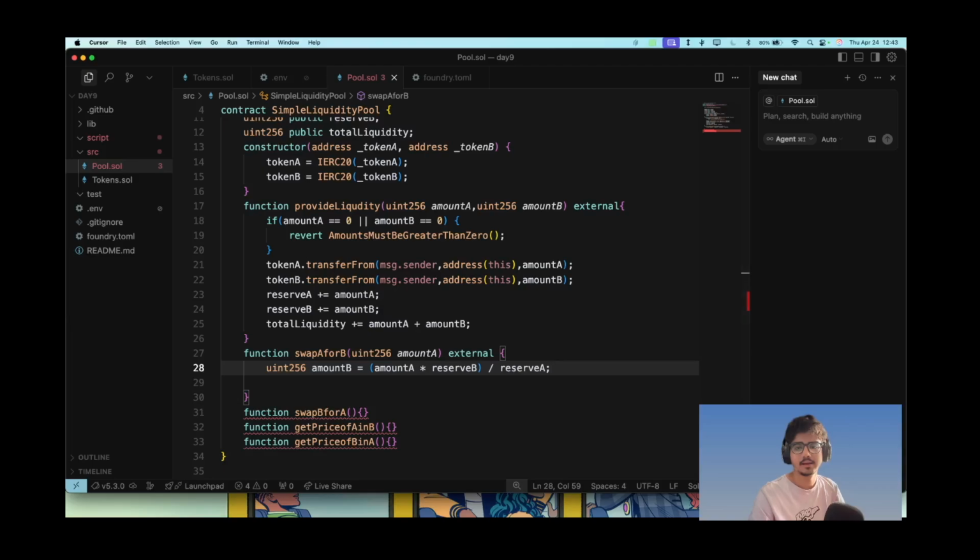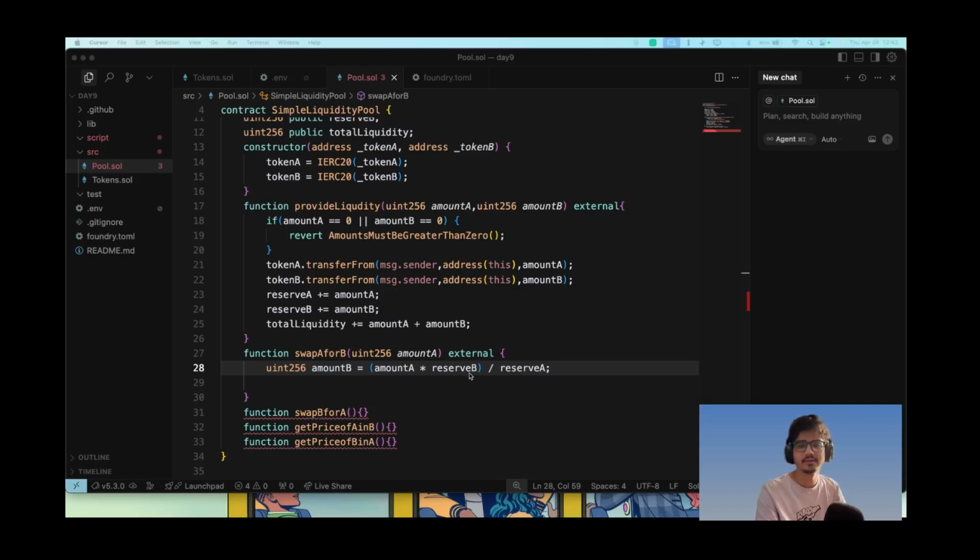Okay, and then the first thing that we have to figure out here is, if this amount of B goes, then what is the liquidity here. So we need to transfer A first and then give back the amount of B. Okay, so getAmountOut.